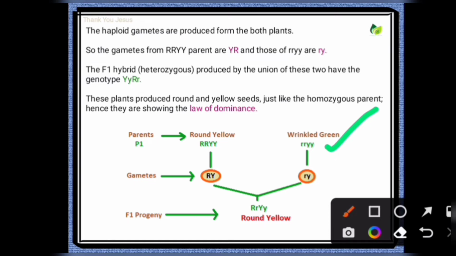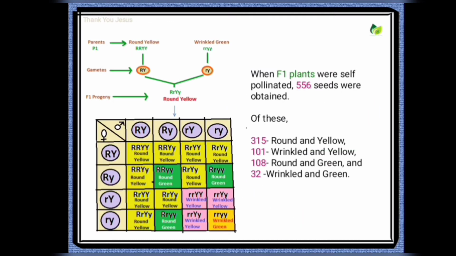By the fusion of these two gametes, the F1 hybrid is produced, which is heterozygous. It is formed by the union of those two gametes, having the genotype capital R, small r, capital Y, small y, and also showing the phenotype of round and yellow seeds.